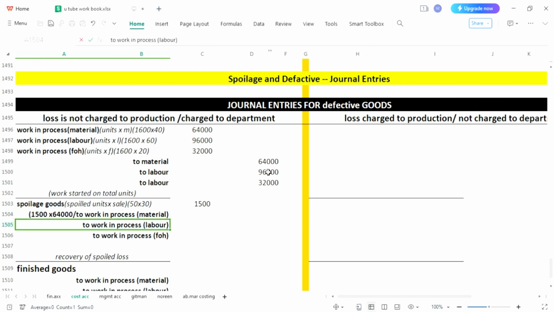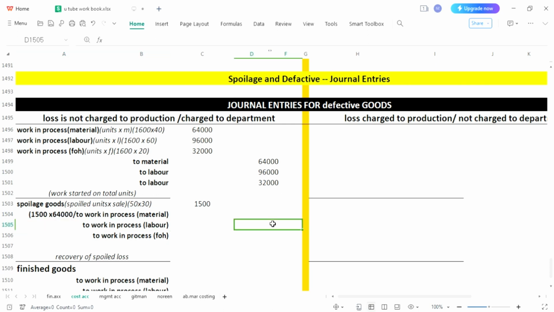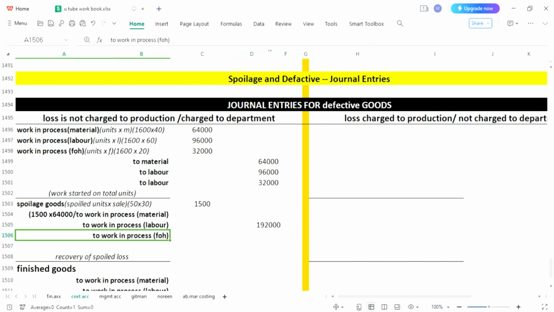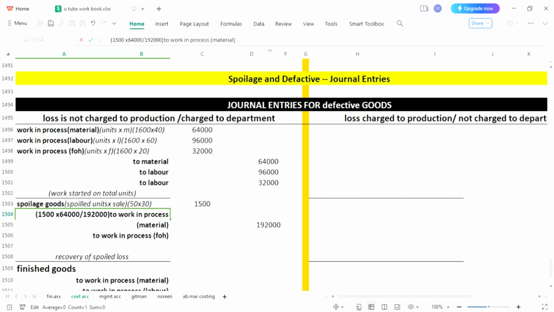So first we will calculate the total, just as rough work, consider it, we will delete afterwards. So the total amount of this is 1,92,000. Now understand, 1500 would be multiplied by individual total and would be divided by grand total 192,000. In this way we will be able to calculate work in process.